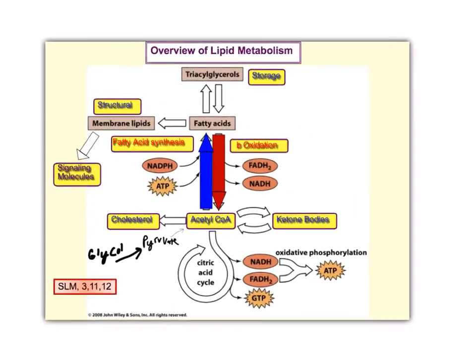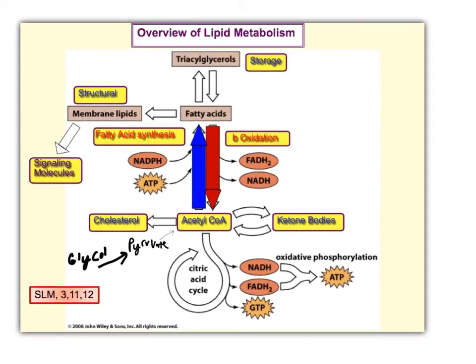We're focusing on acetyl-CoA, and you can see that triacylglycerols are broken apart into fatty acids. So from each triglyceride, you'll get 3 fatty acids and a glycerol molecule. And those fatty acids can be converted into acetyl-CoA through beta oxidation. And likewise, if we just started with acetyl-CoA, we could move backwards and create fatty acids.